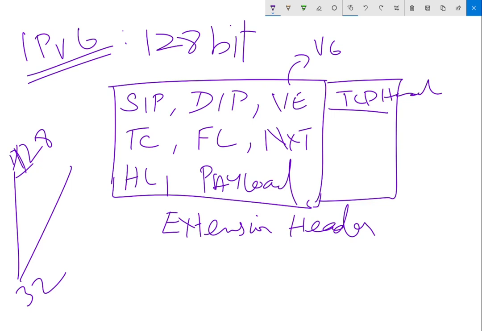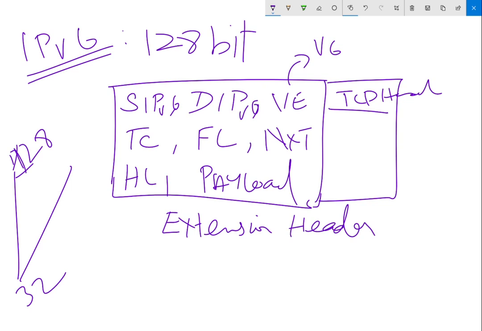So what are the basic parameters within a header in IP version 6? It will have the source IP address and the destination IP address, and when I say IP, it is version 6. It has the version, which is version 6.